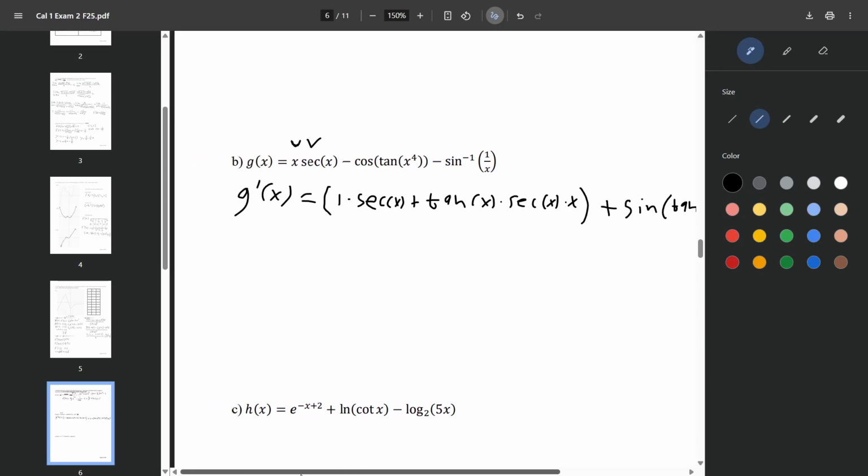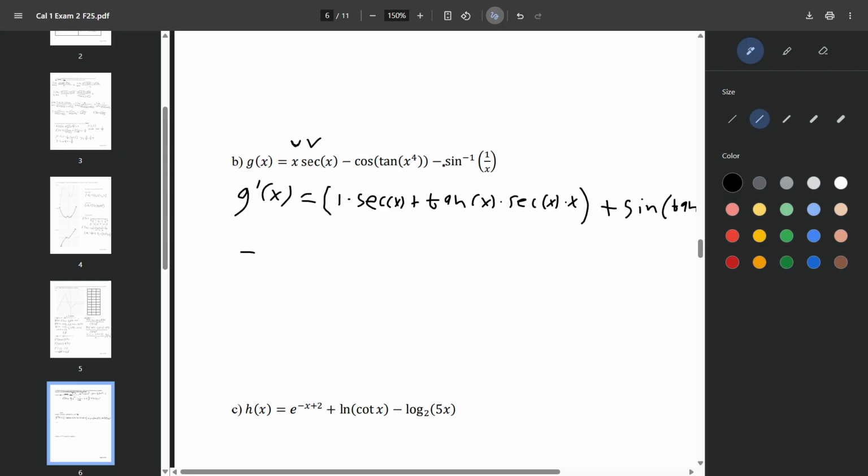and then for the last part, inverse sine of 1 over x is going to be the derivative of inverse sine times the derivative of the inside.